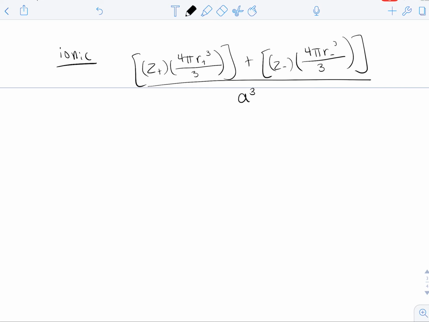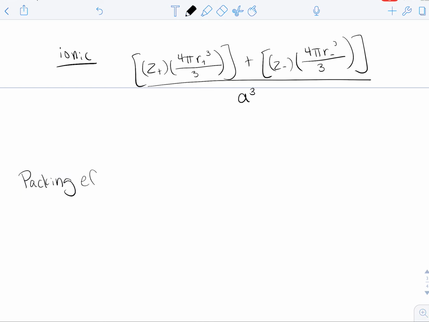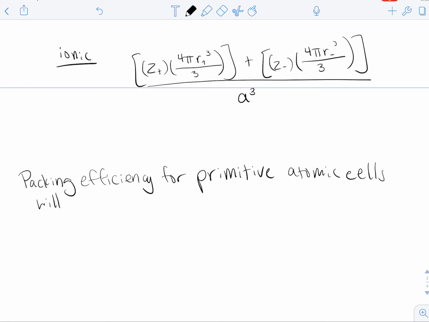So our packing efficiency for primitive atomic cells will be 52%.